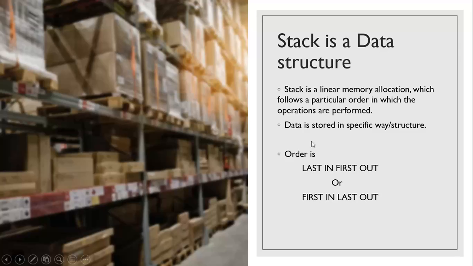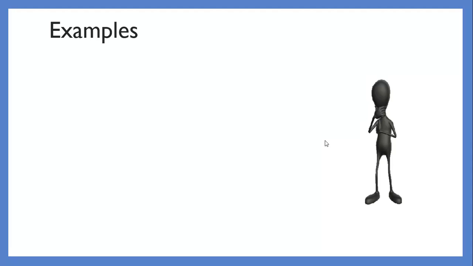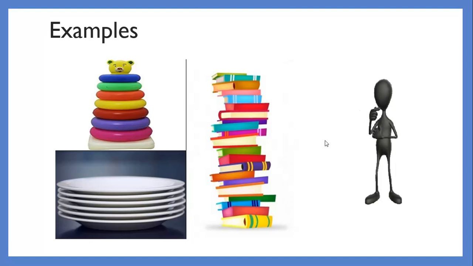Okay, so this is a specific way of storing elements into a memory, or we can say a specific structure with the help of which we can store values into the memory. But what kind of structure is that? Yes, this type of structure. In childhood, definitely you have played with this type of stack structure.